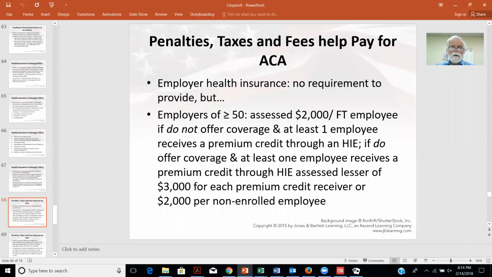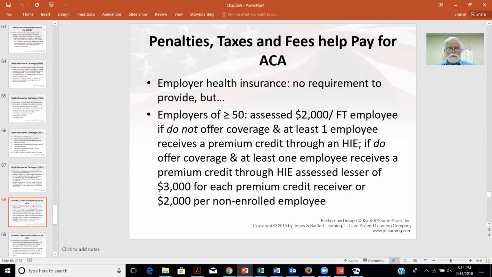And the penalties are supposed to help pay for the Affordable Health Care Act. Employers don't have a requirement to provide health insurance, but if they have more than 50 employees, they can be assessed $2,000 per full-time employee if they do not offer coverage and at least one employee receives a premium credit through an HIE.